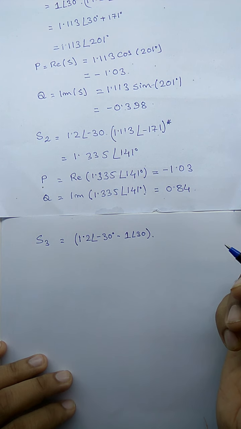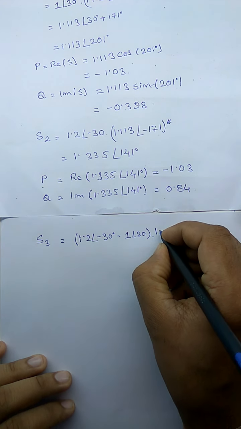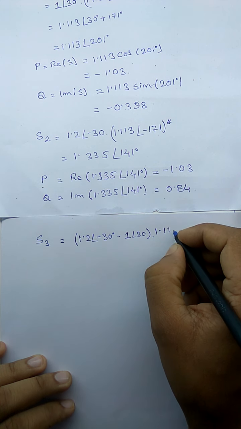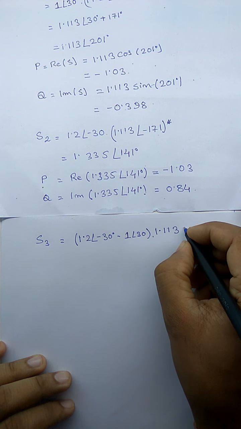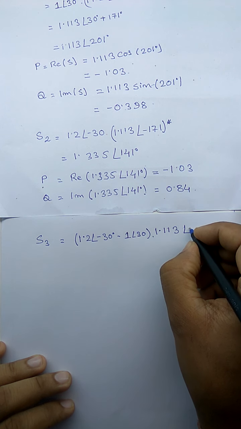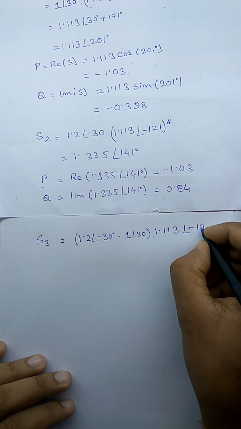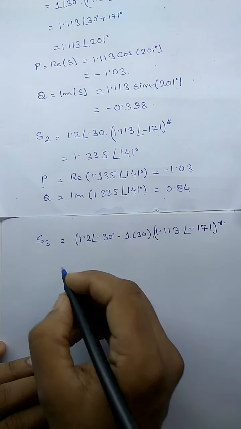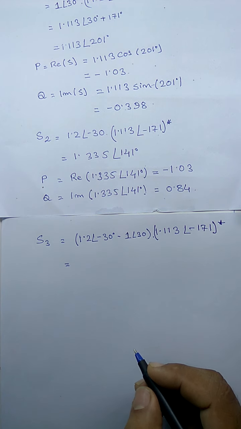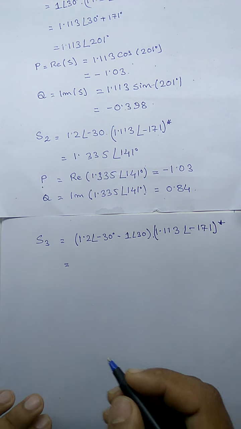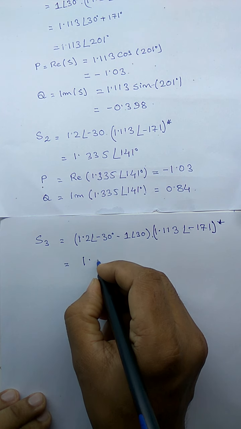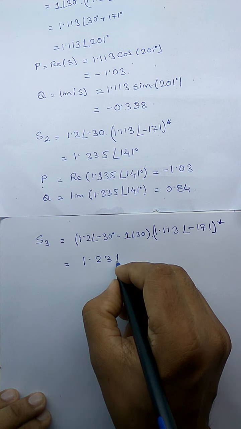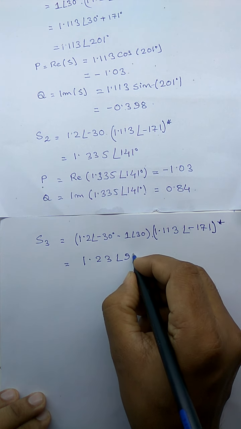What is the current flowing through the inductance? It is 1.113 at an angle of minus 171, conjugate of this. If you calculate this, it will come to be 1.23 at an angle of 90 degrees.